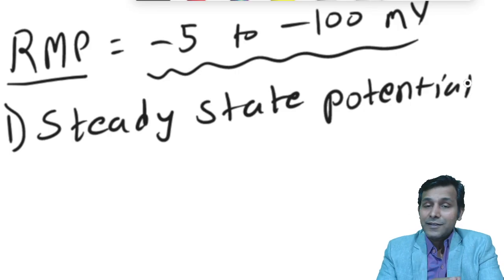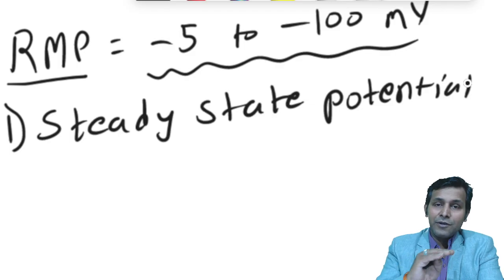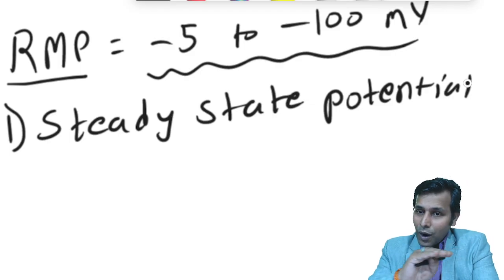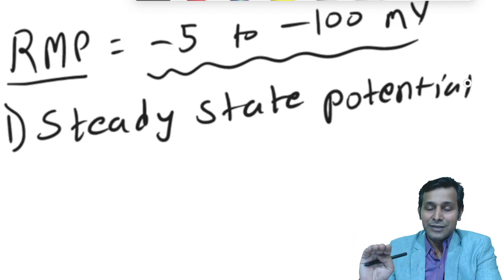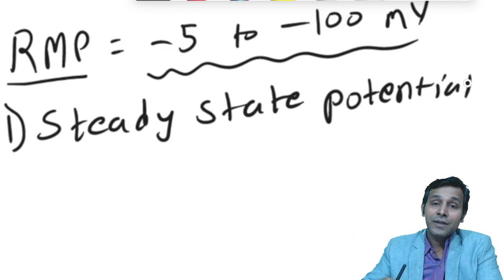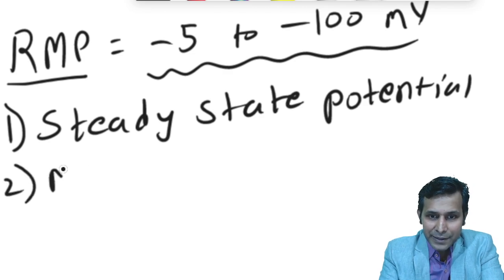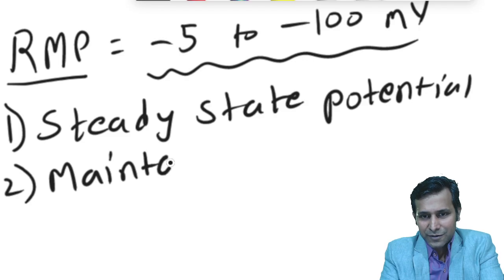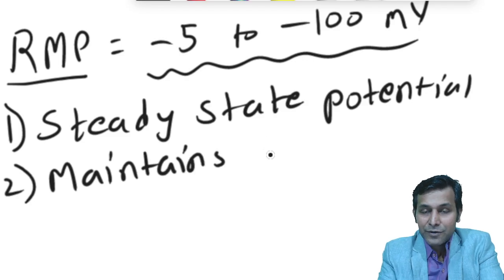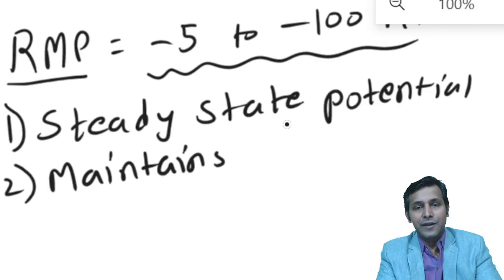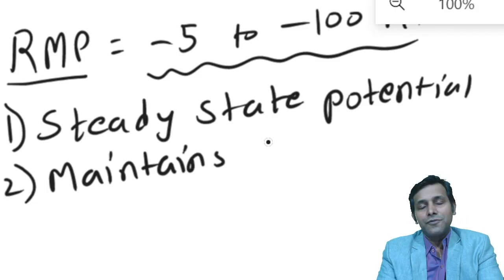If the cell is not excited, it will maintain the resting state till it gets excitation. So it's a steady state potential. The cell maintains RMP at a specific value, and when we maintain RMP at a specific value, it is a part of homeostasis.